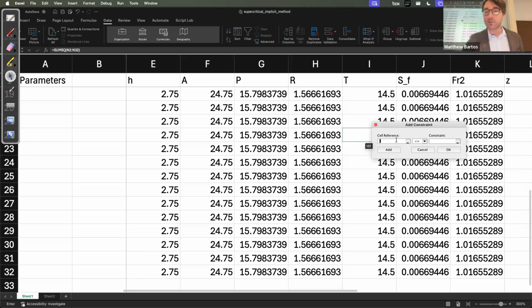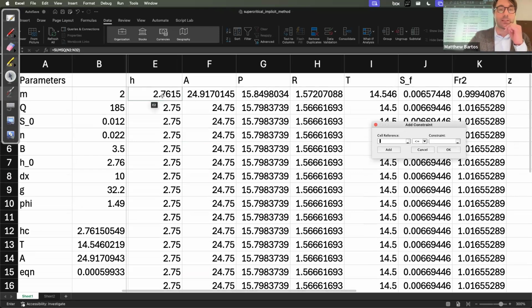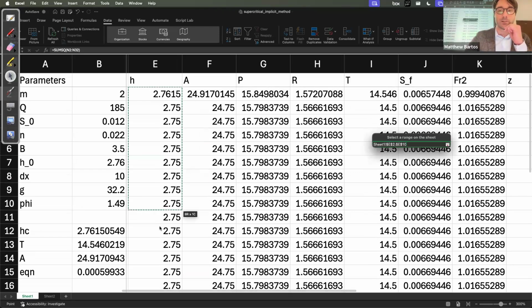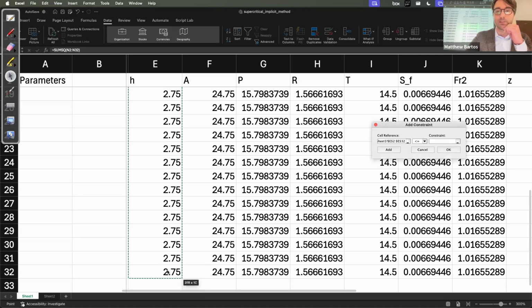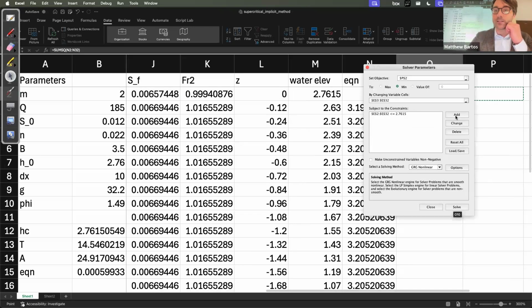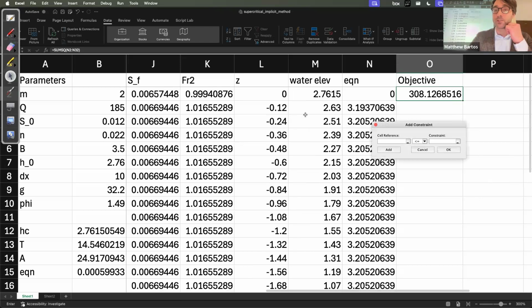So we're going to make it such that cells E3 through 32 are less than or equal to 2.7615. And then second, we're going to make sure that the depths are greater than 0.